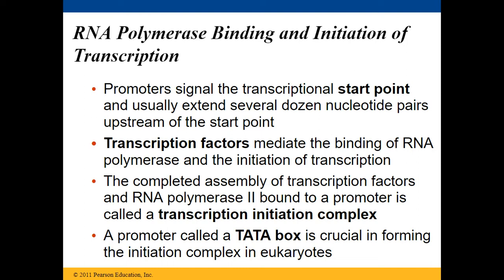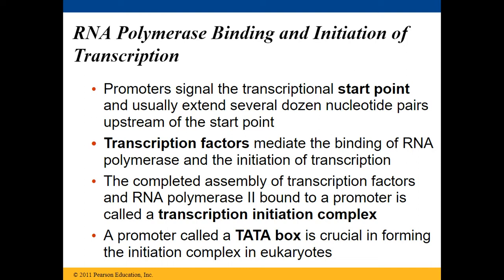Transcription factors mediate the binding of RNA polymerase and the initiation of transcription. The completed assembly of transcription factors and RNA polymerase II bound to the promoter is called the transcription initiation complex.